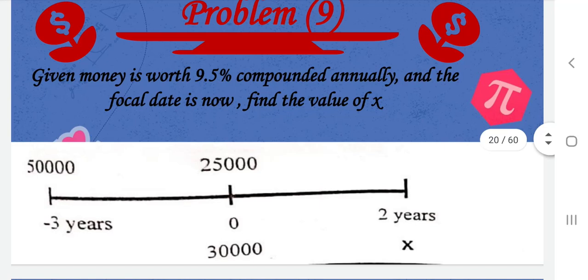So 3 years previous now, there was $50,000. Now $25,000. He will exchange 2 old payments with 2 new payments. One reserve now equals $30,000 and the other reserve after 2 years.